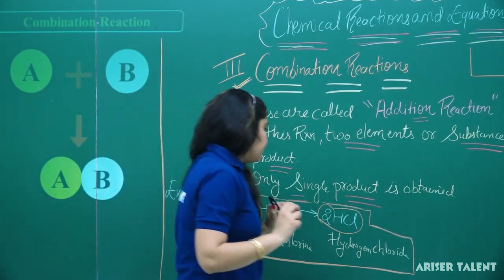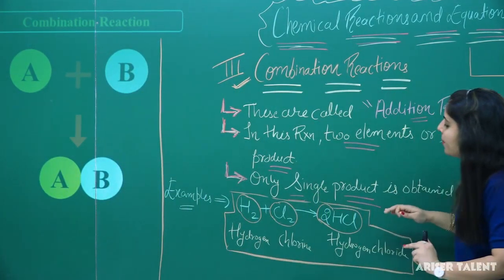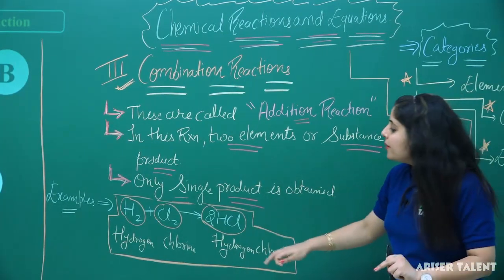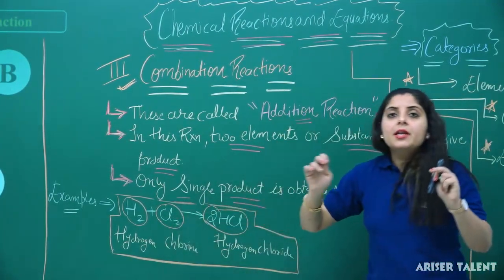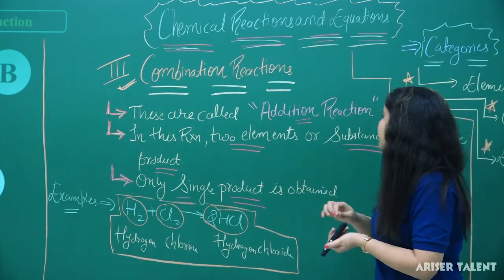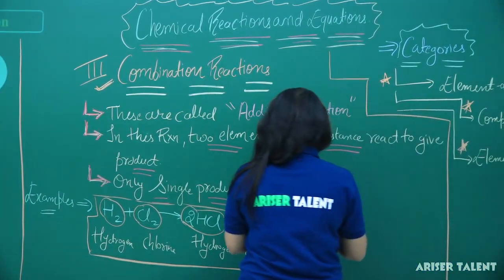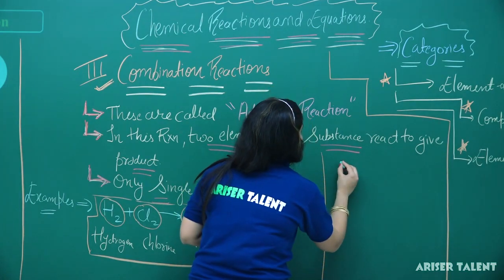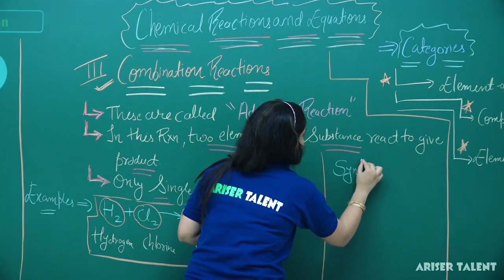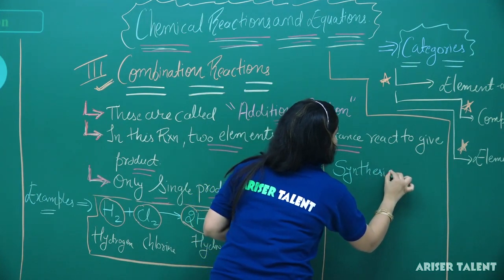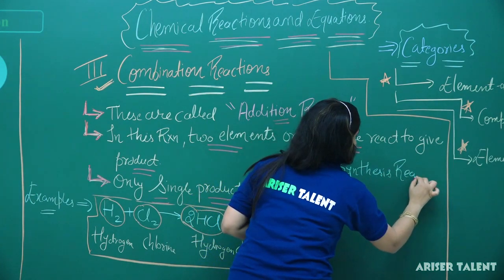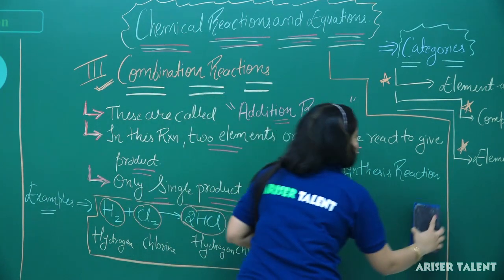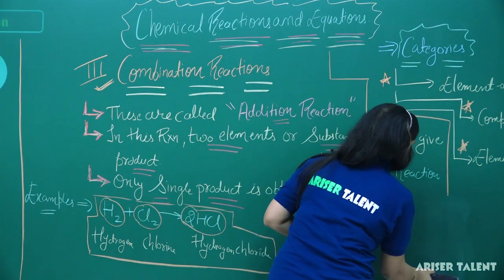Now, if in a combination reaction the product is obtained only from its constituent elements, we can call it a synthesis reaction. So we have the next category, that is synthesis reaction. We are again with a new term: what is a synthesis reaction?